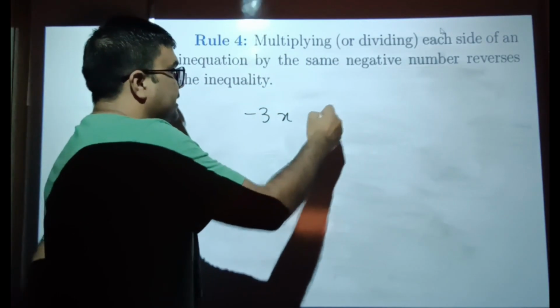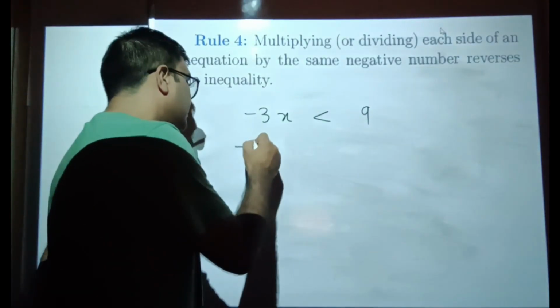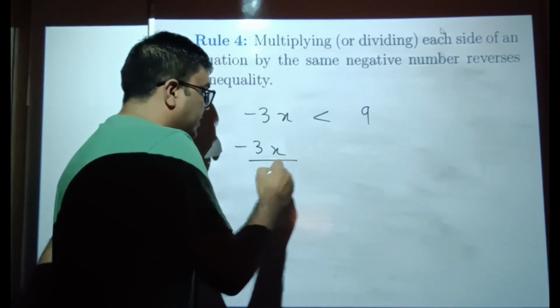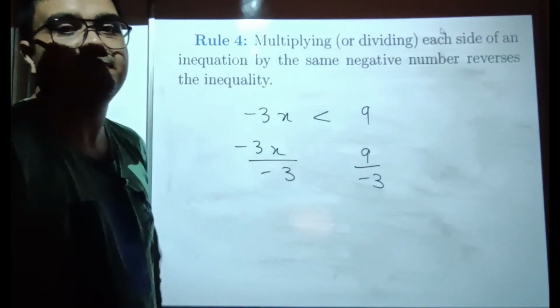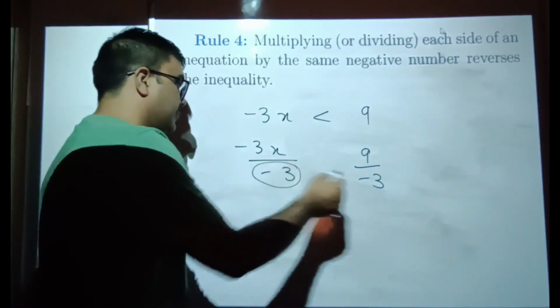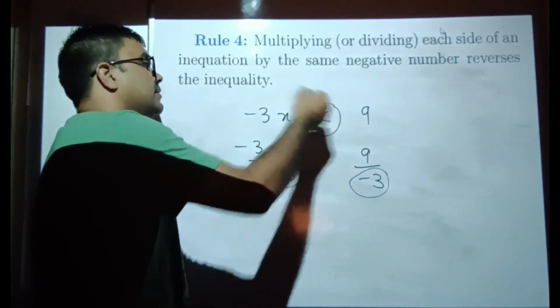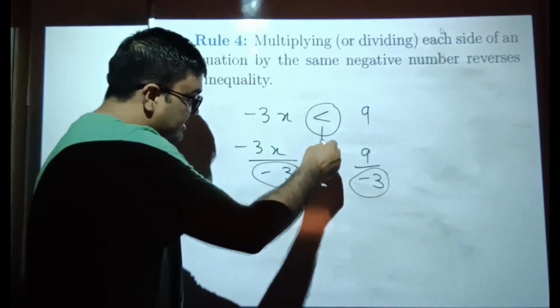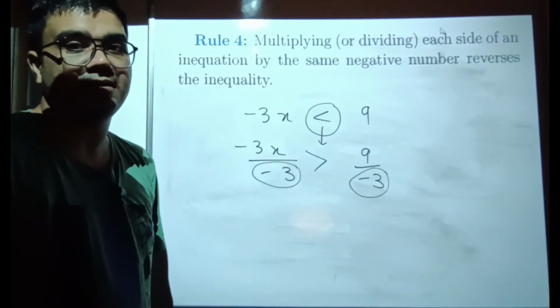Minus 3x is less than 9. I am dividing both sides of the inequality by minus 3. This is a negative number. What will we do? This is a less than sign here. This will change the sign of the inequality and it will become greater.